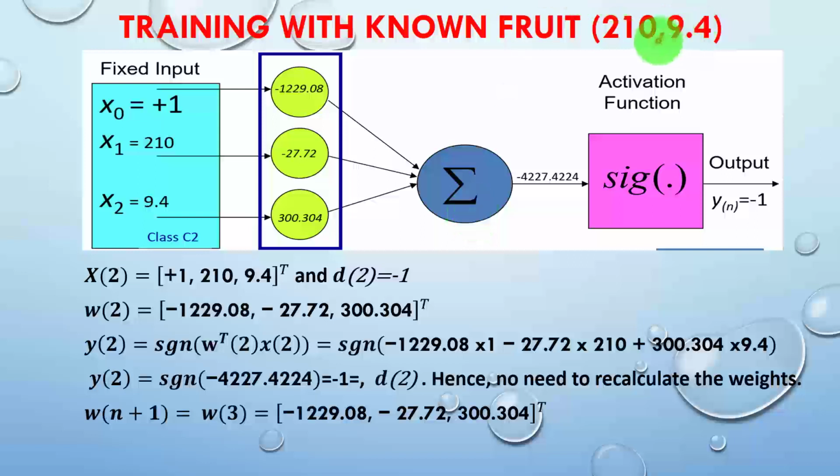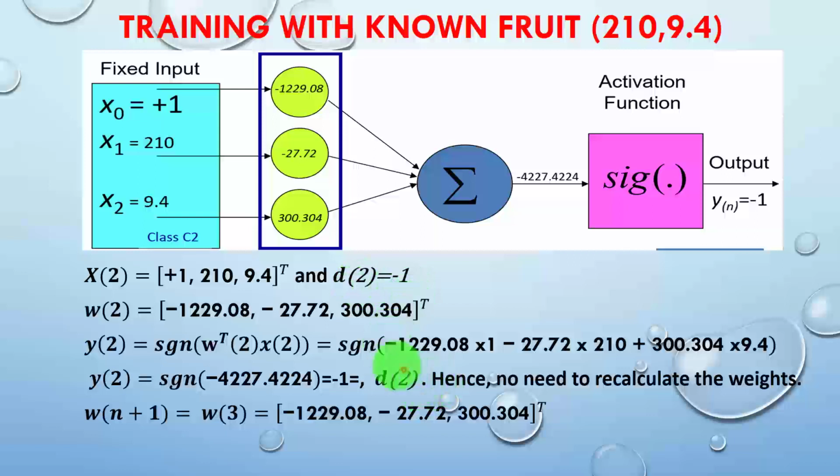This fruit is 210 and 9.4. We apply the new weights to this fruit, and we expect this fruit to be of class C2. So that's why we expect D2 to be -1.